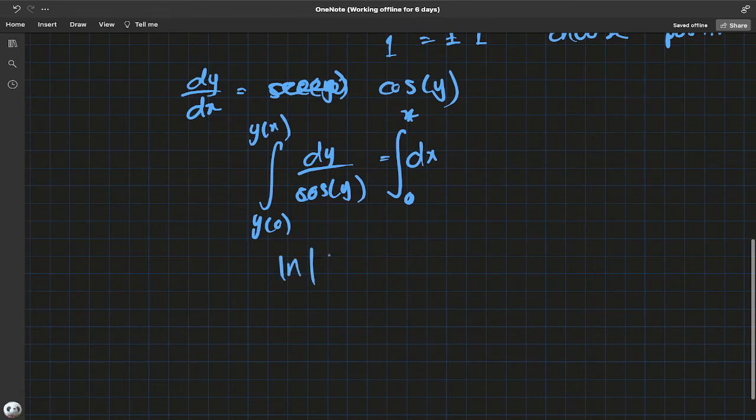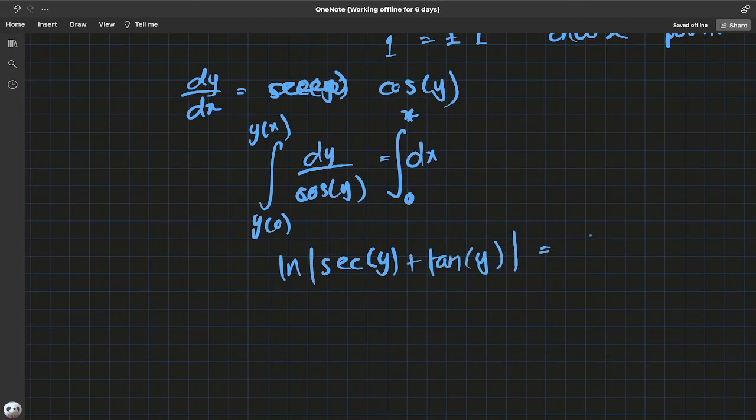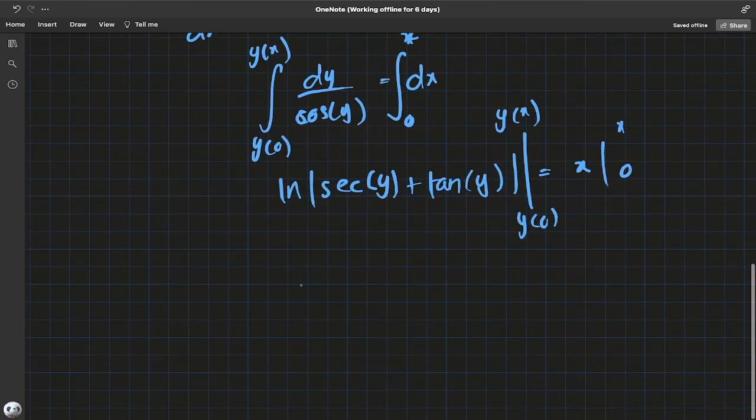This is the integral of secant of y dy, right? So natural log of secant of y plus tan y, if I remember my antiderivatives right, and then x and 0. This is just bad notation, by the way. I should probably have a prime.